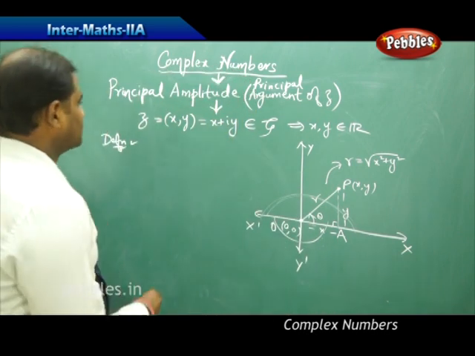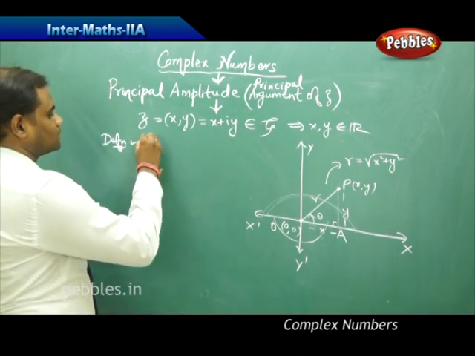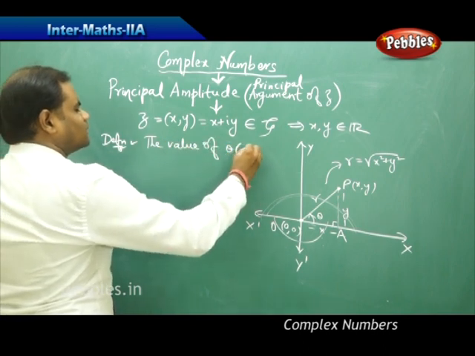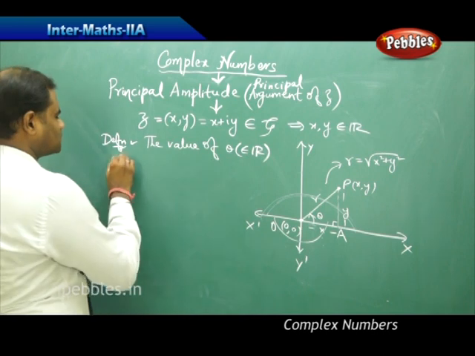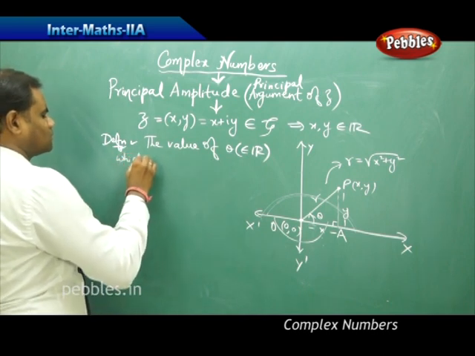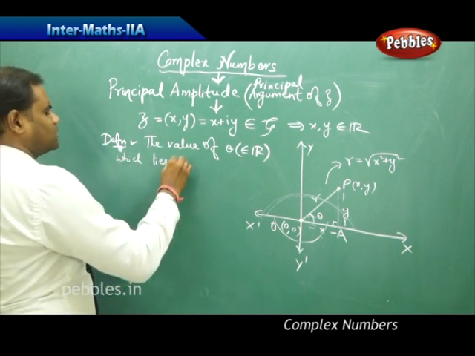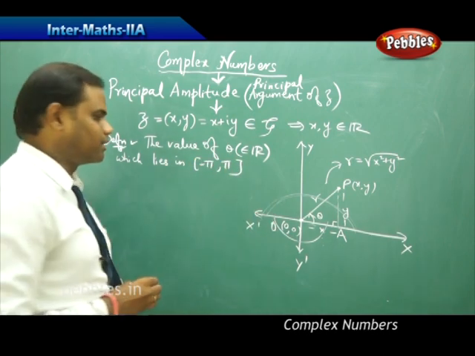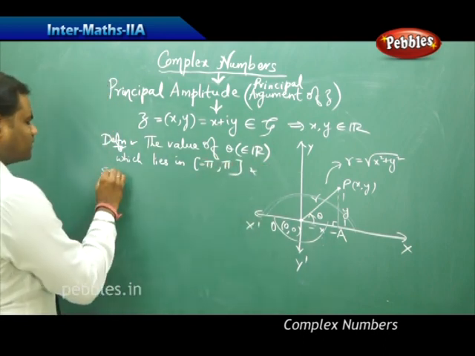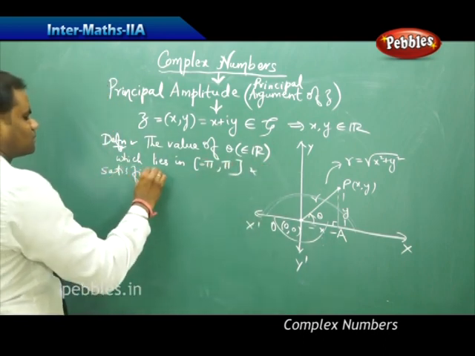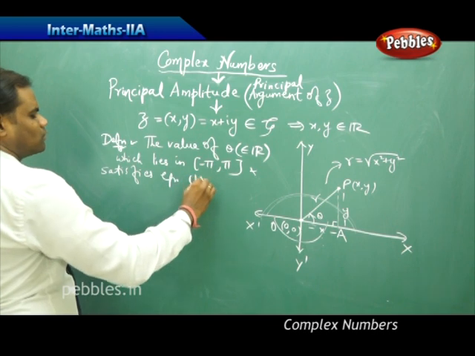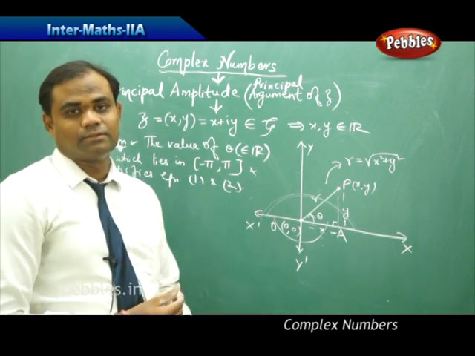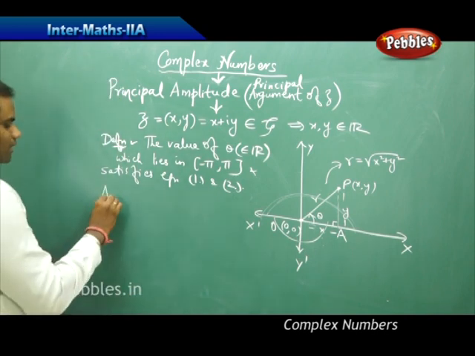Now we define the principal amplitude as the value of theta which belongs to real numbers, which lies in the region minus pi to pi, that is in the first and second quadrant, and satisfies equation 1 and 2 which we have discussed in the previous session. So it is denoted by arg z.